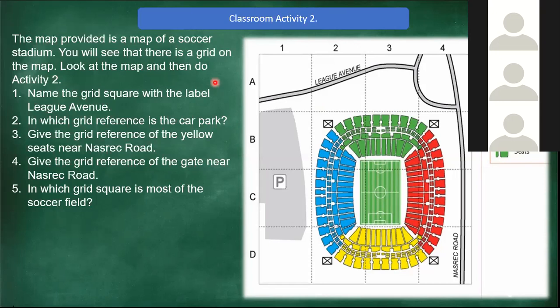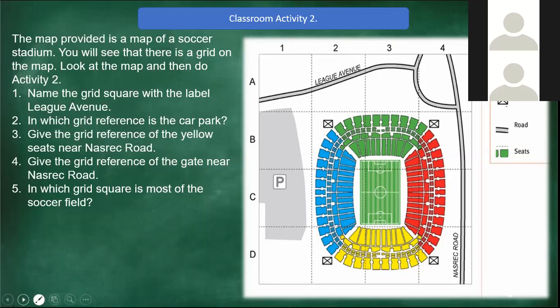I want a new voice. Noah? It's C3. Thank you very much, Noah. On the group chat, Terrence says C3, Kingsley C3, Novanda also says C3. We all agree that the answer is C3.